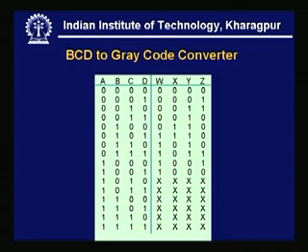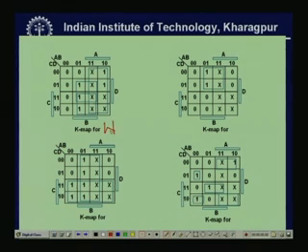We will see that for W there are 5 ones. This is the K map for W; these are the 5 ones.